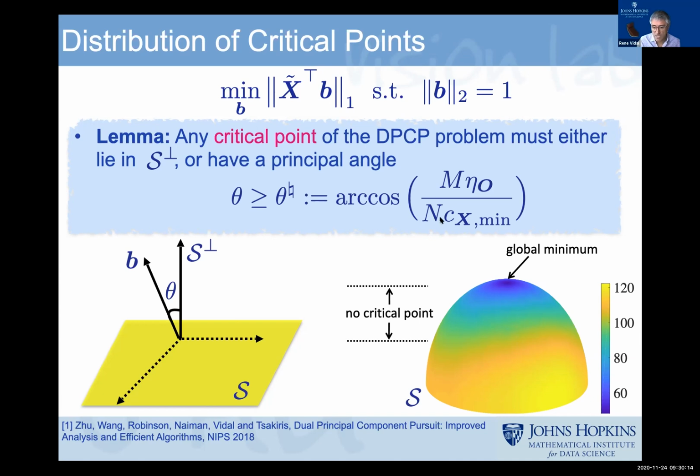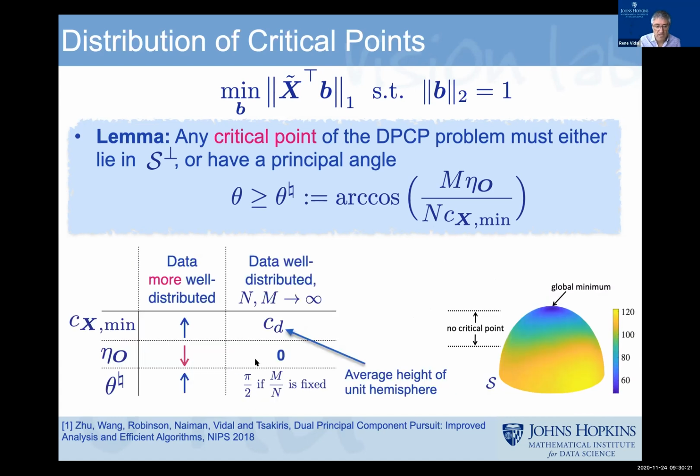And immediately you can see the effect of the quantities that I was talking about. The CX mean and the eta O show up here clearly. Specifically, you can begin thinking about the asymptotic behavior of these quantities. As CX mean increases, the data is better distributed, and this theta sharp gets closer to pi over 2.